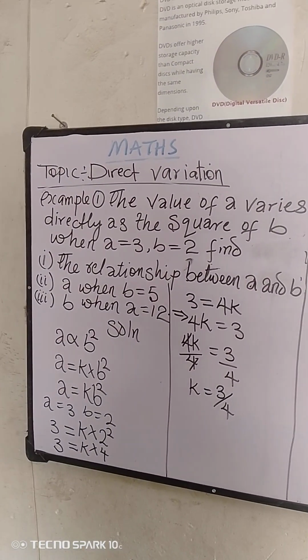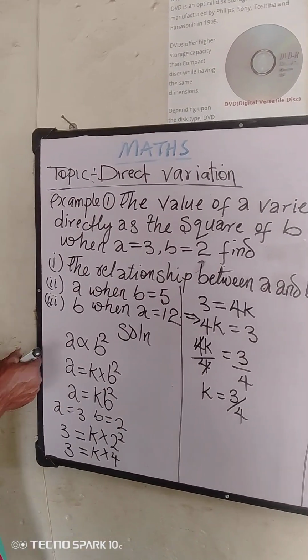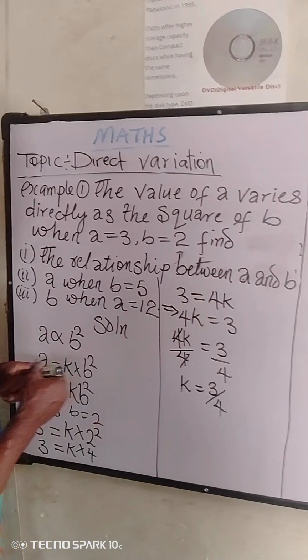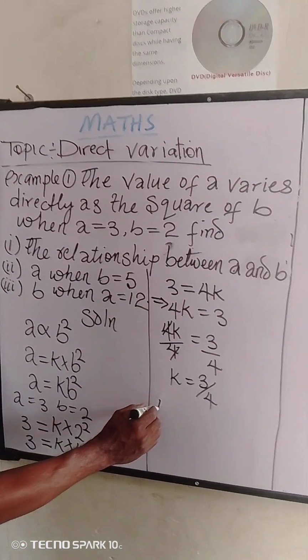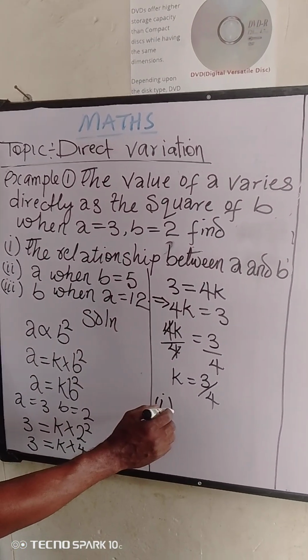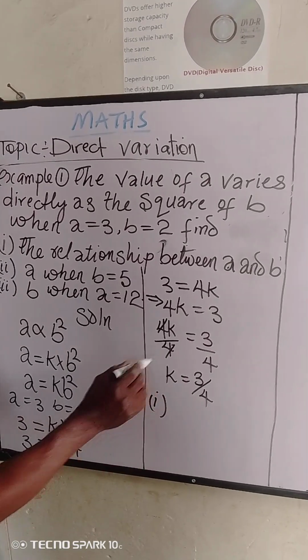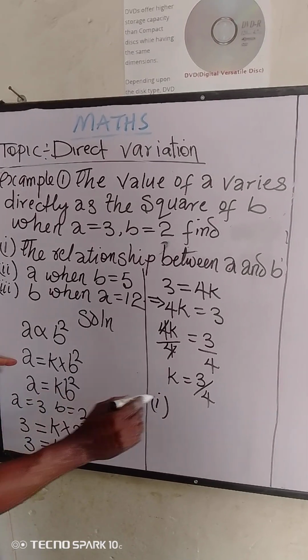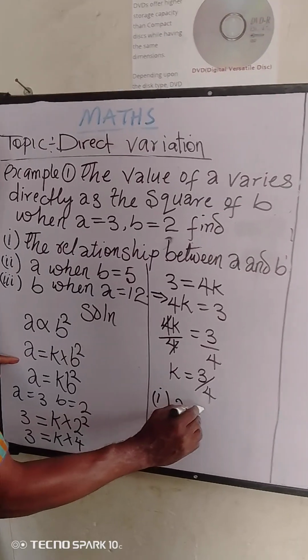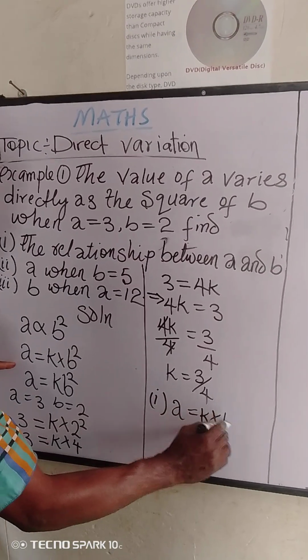So we can now solve for question 1, which says the relationship between A and B. How do we get it? Since K is equal to 3 over 4, from that transcription here we'll have A equals K multiplied by B squared.